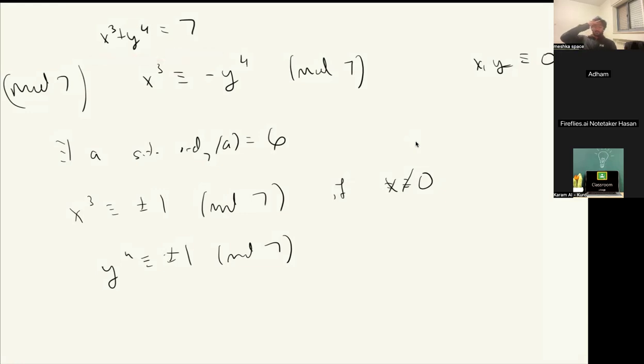The reason I included this example is to illustrate one point: this problem is a little bit tricky, you have to pick a modulus that maybe would not come to mind immediately.